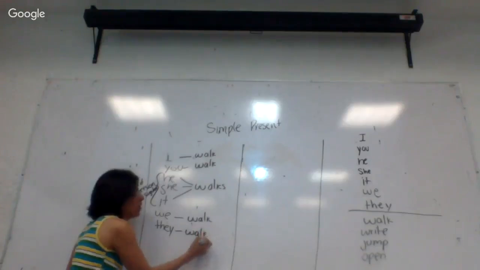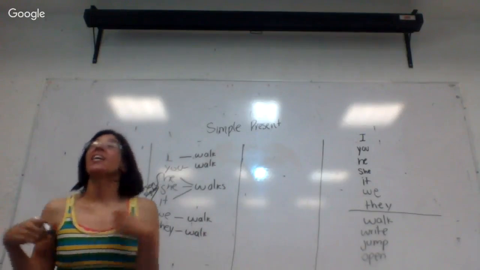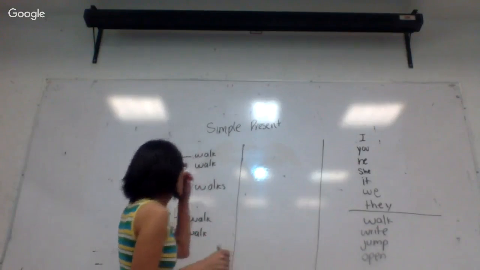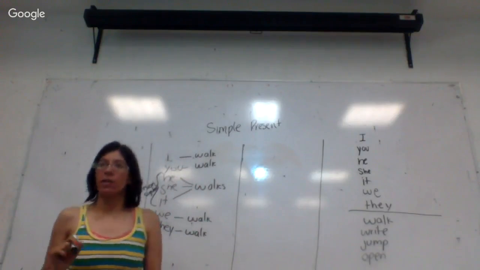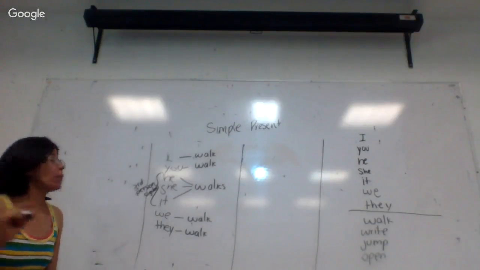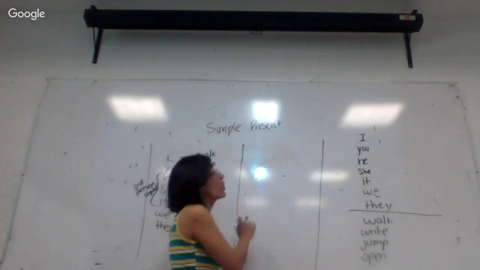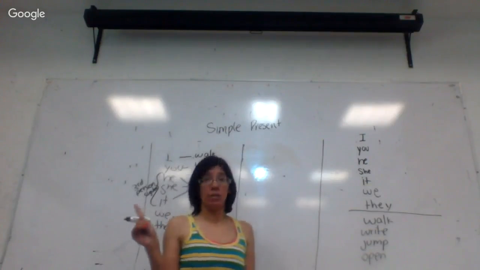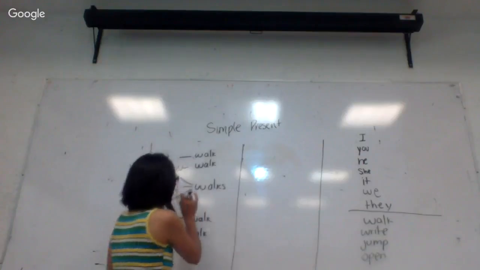Excellent. You remember. Now we're going to do it in the negative form. That's what we're going to learn today. Okay? So for negative, we have an auxiliary. The auxiliary for present tense is do. So for negative, we're going to use don't. Yes, we're going to change it in this one.